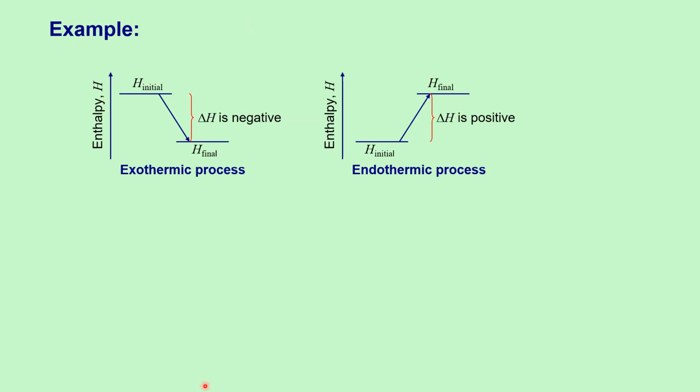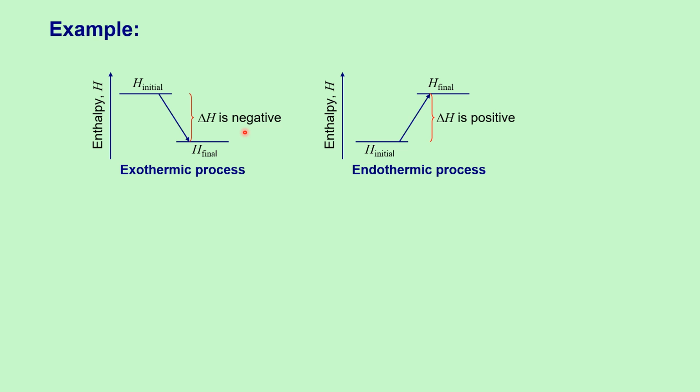Okay, we are still discussing the thermochemistry topic. This is a diagram to show how the difference of enthalpy is calculated. In this case, we can see that the initial enthalpy is higher than the final enthalpy. So the difference will give you a negative answer.